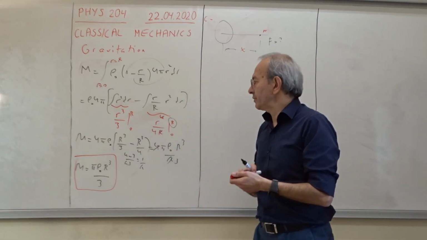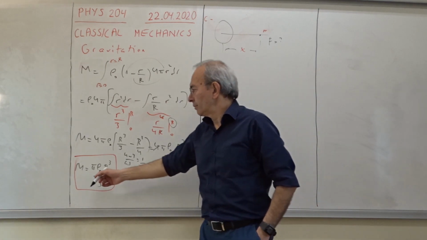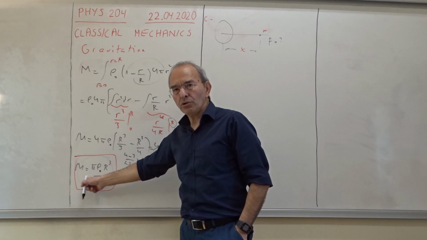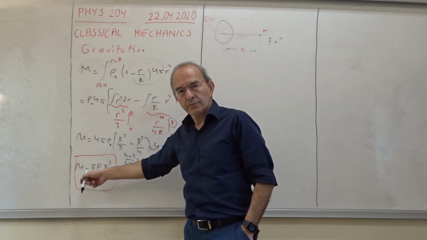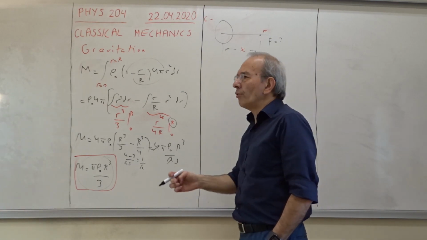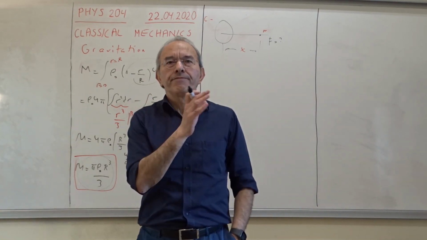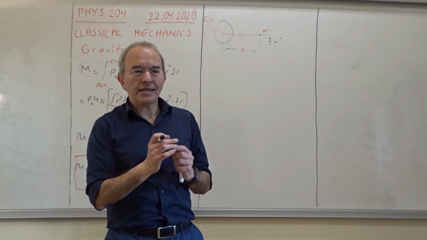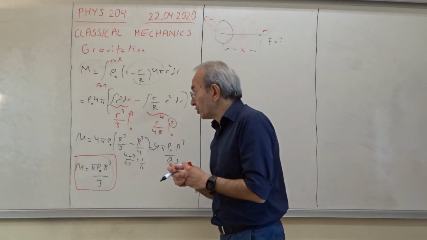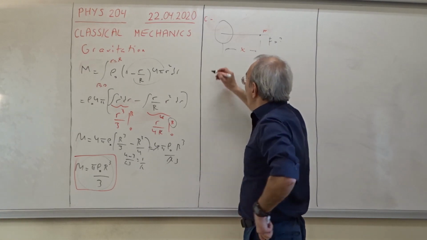One way is to find the force by just writing this M as the total mass, GMm over x squared, or you can use just these spherical shells and add up all the contributions from each spherical shell.